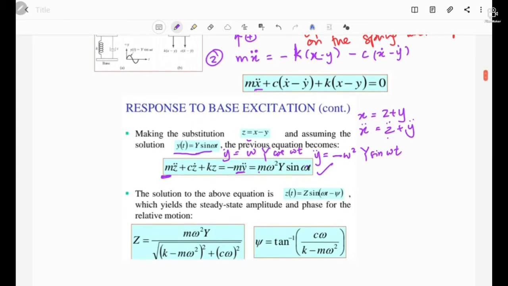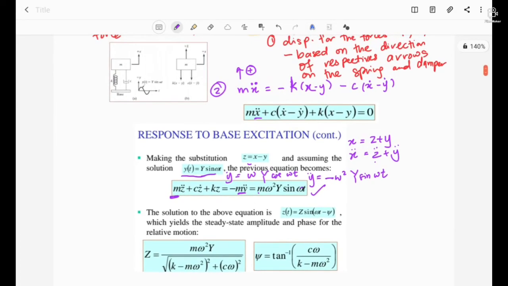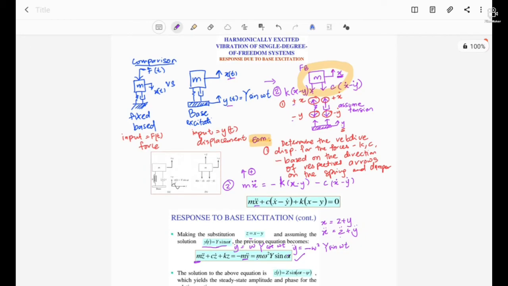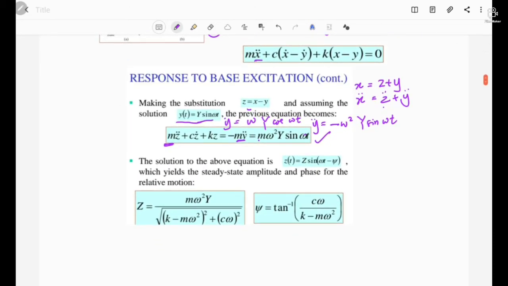And also, if you look at this equation, you can actually match with our previous solution. So previous solution, we have force input and output is capital X. So now, whatever that you have in the previous equation, this is actually from the equation X. Remember, you have X equals f naught over the square root of k minus m omega square, plus c omega square. So this is for the fixed base.